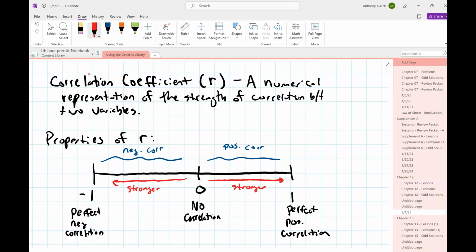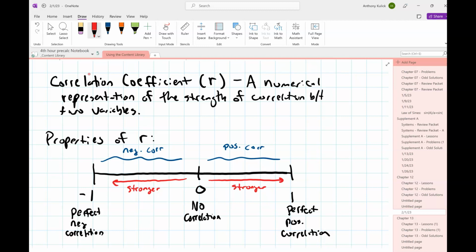So where is the delineation of what is a strong correlation, what's a weak correlation? Probably if you're past 0.75 or less than -0.75, we'd call that strongish. Obviously, the closer you're getting to 1 and -1, the better.